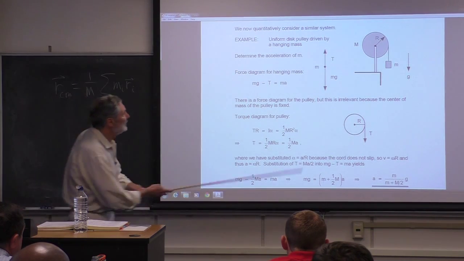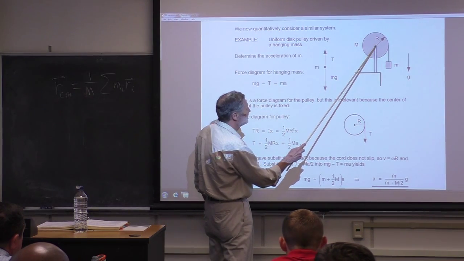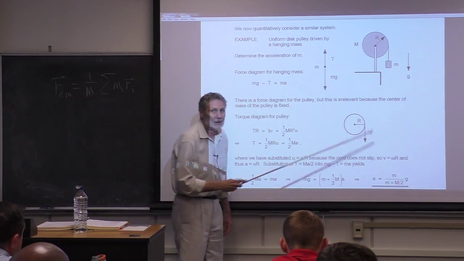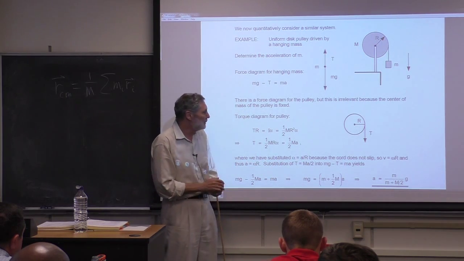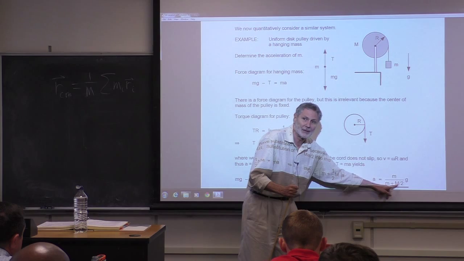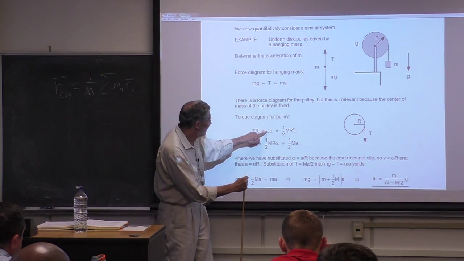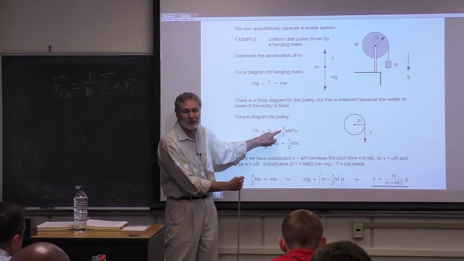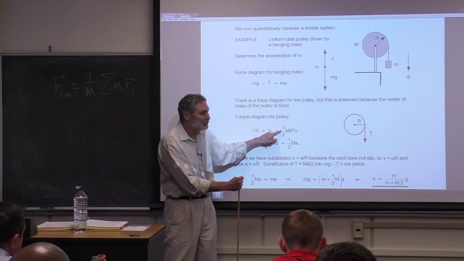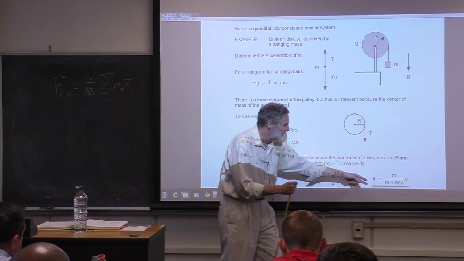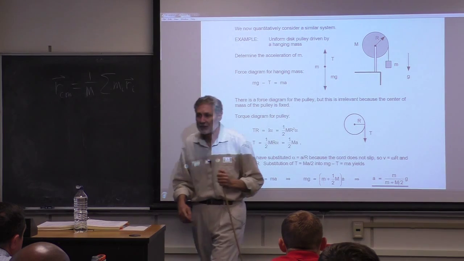If I have a pulley where all the mass is concentrated at the center and it's very light out here, there'll be no inertia. It'll be essentially 0 down here. The 2 comes from right here. I equals 1/2 mr squared. That's where it comes from. So the information of the moment of inertia is in here, and it's in that factor of the mass there.